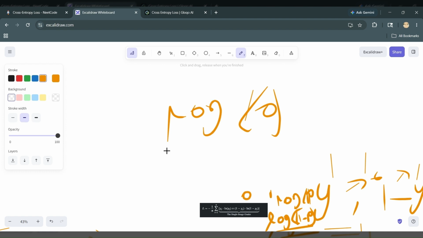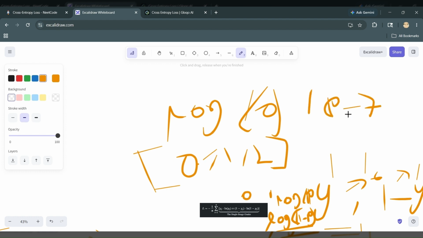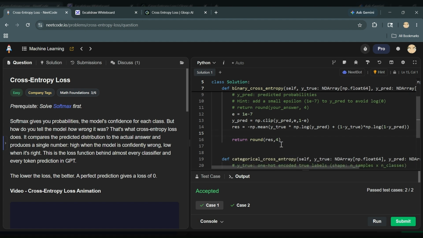So to avoid this, in the softmax values, we'll clip this. So let's say we have 1, 2, but I want to avoid this 0. So I'll use the 1e minus 7 as the limit. And if it is less than this, I'll replace it with this 1e minus 7. And we need both values, e and 1 minus e, so that we are on the good side of both the things. And let's solve a problem.